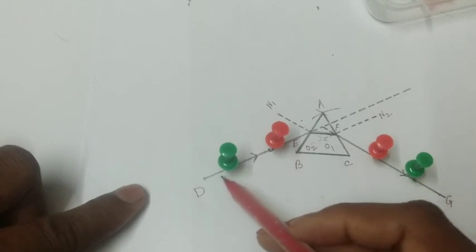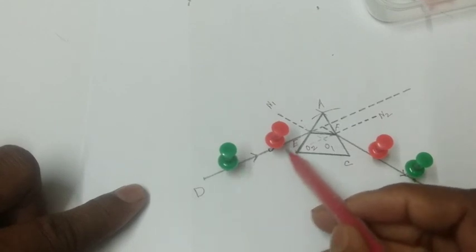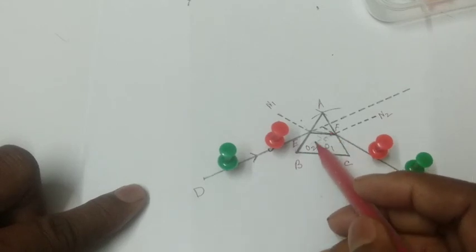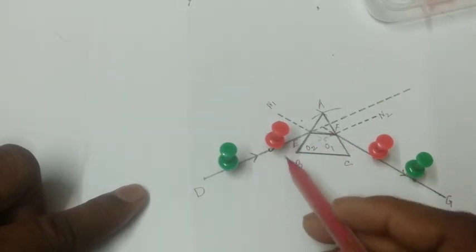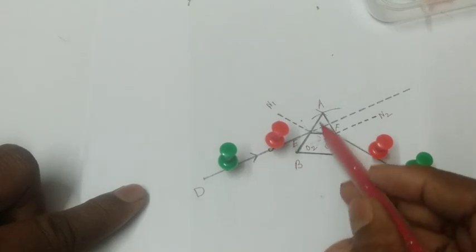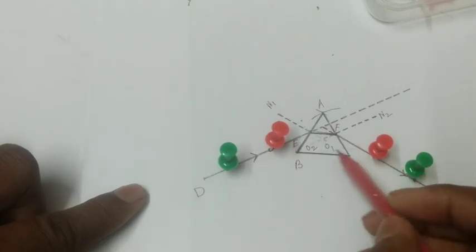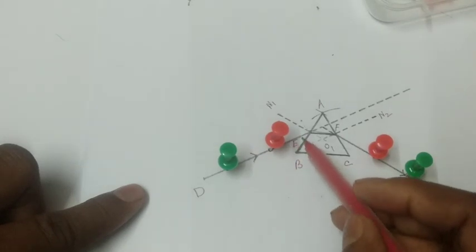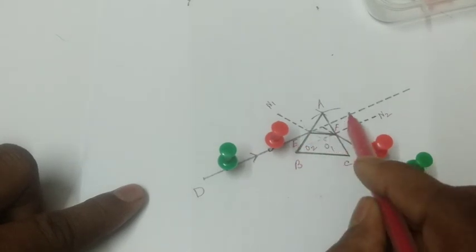Angle of deviation means how much this incident ray deviates from its original path, right? Suppose if there is no prism here, then the incident ray will go straight in this direction, right?